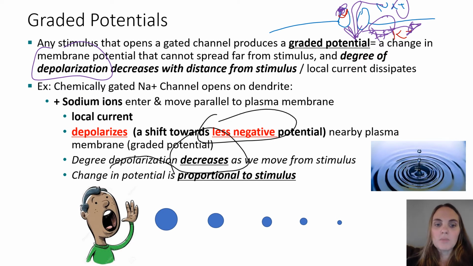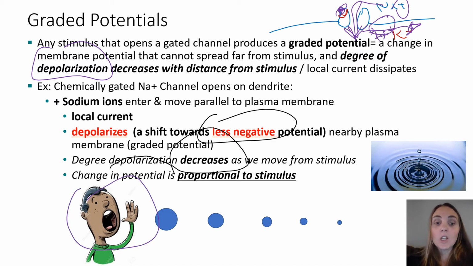And that change in membrane potential is going to be proportional to the stimulus. A larger change in potential is going to occur in response to a larger stimulus, and a smaller change in potential in response to a smaller stimulus. The way I think of this is that our graded potential would be a person shouting.